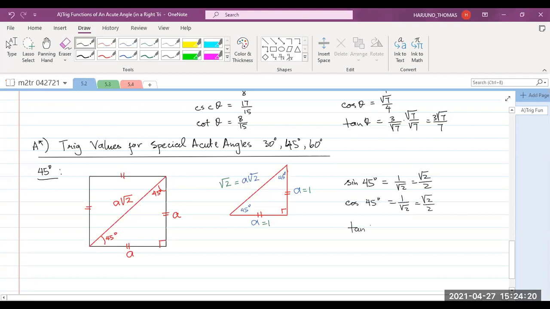Tangent 45 degrees is 1 over 1, which is just 1. Okay, I need you to memorize this. The earlier you memorize this, the better you are in trigonometry.